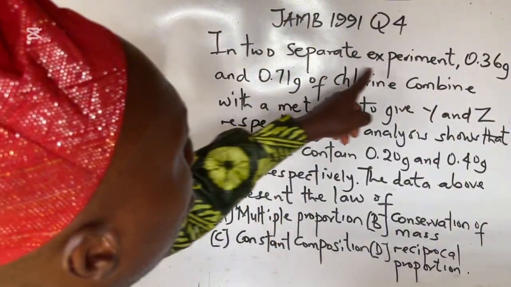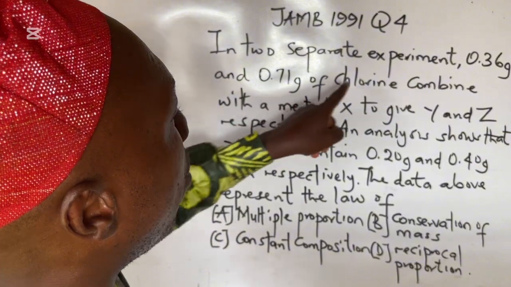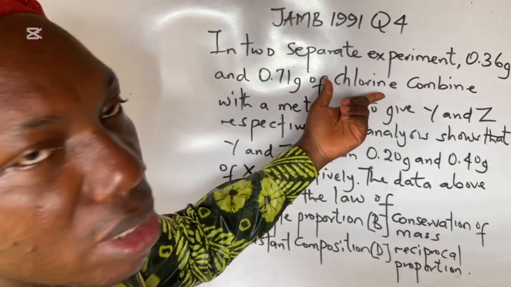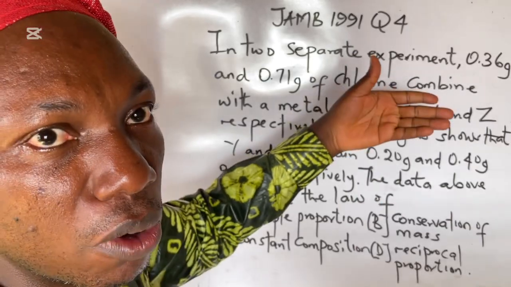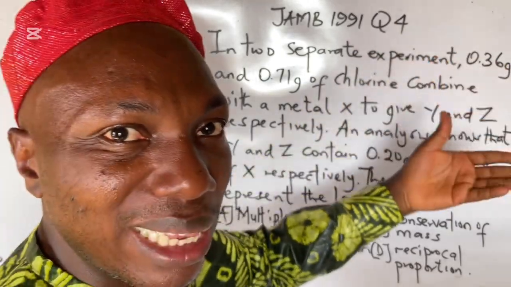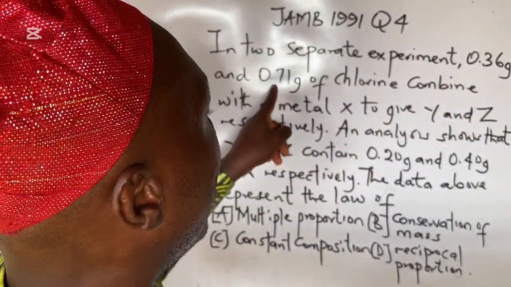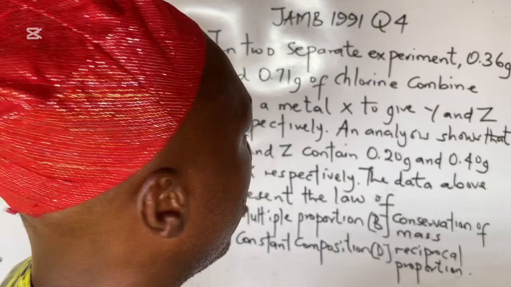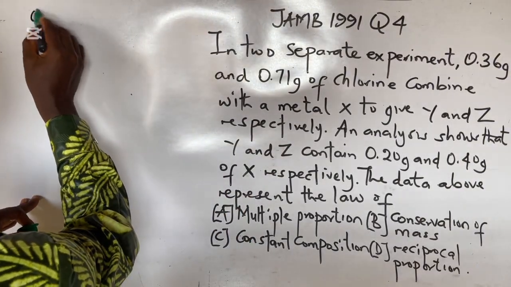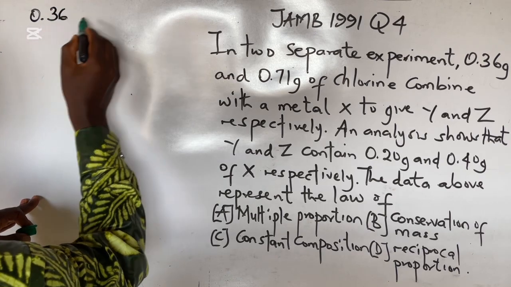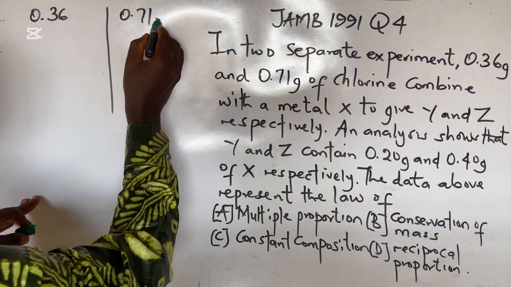We have, in two separate experiments, 0.36 gram and 0.71 gram of chlorine. Chlorine is a non-metal, so we need to look for the other element to make it a compound. So the first one, 0.36 gram, and the second, 0.71 gram.